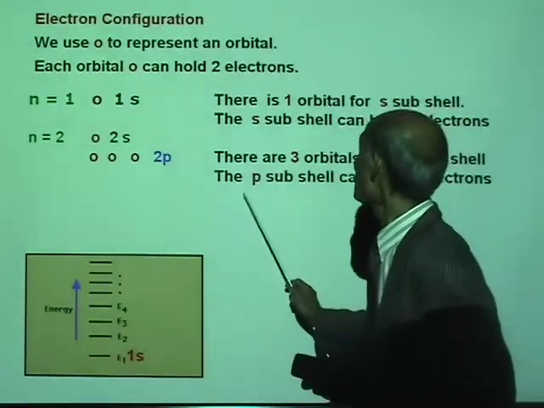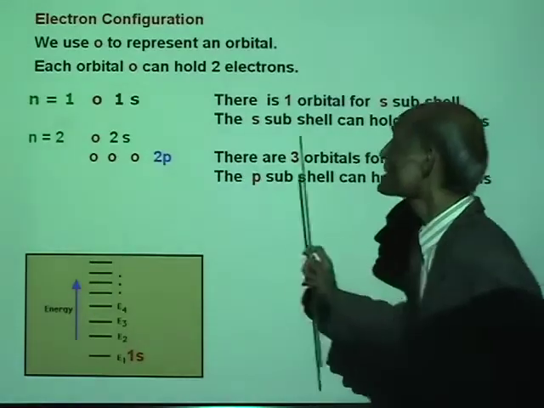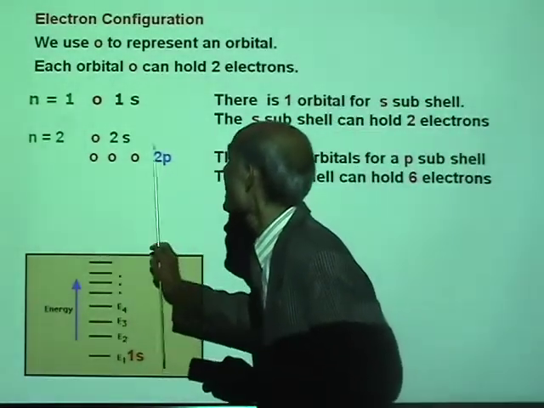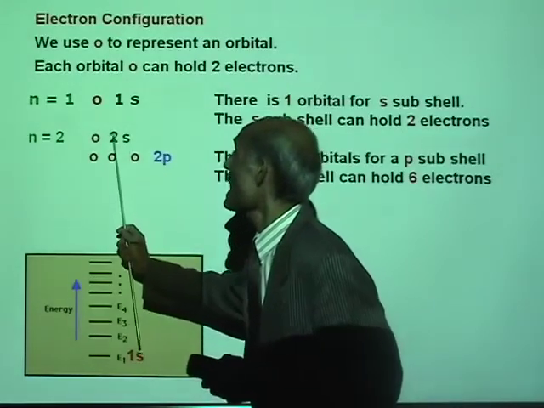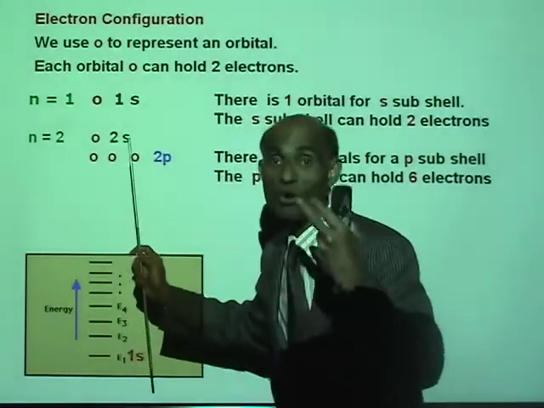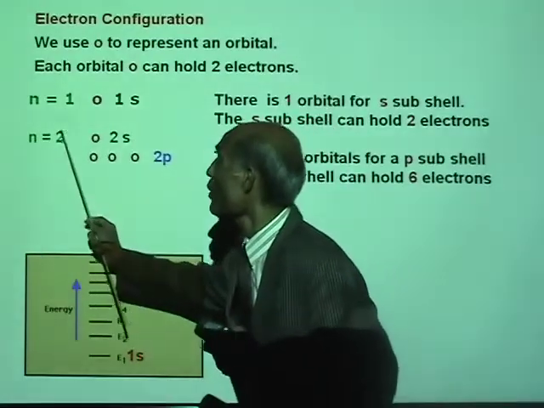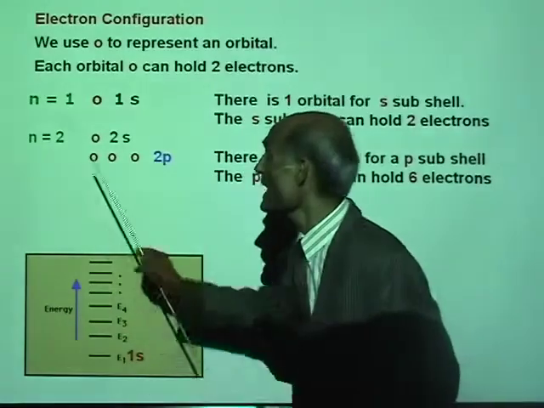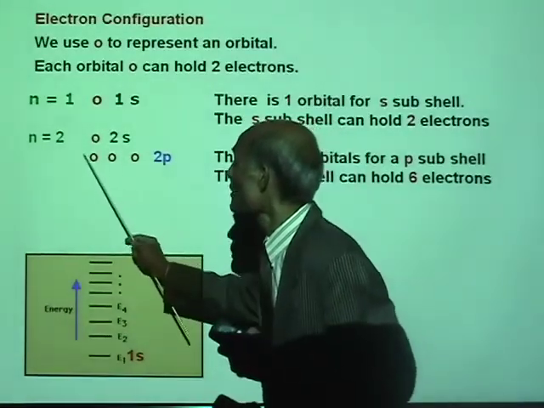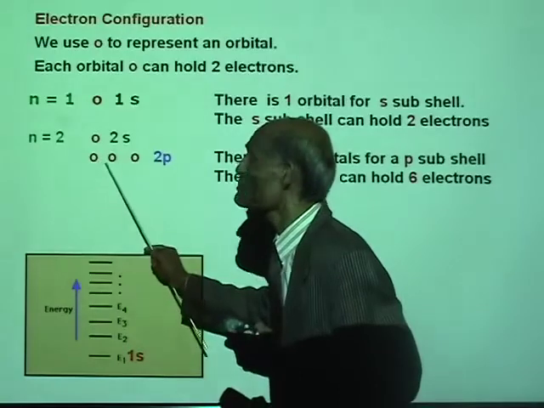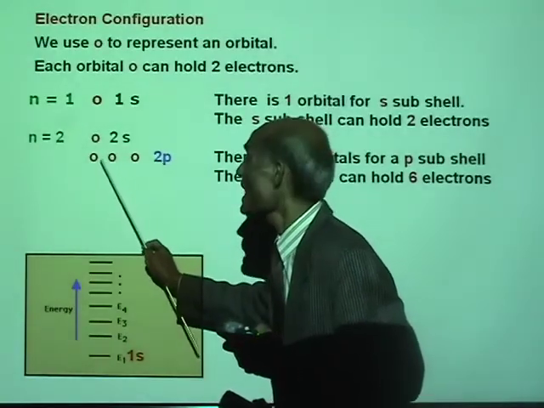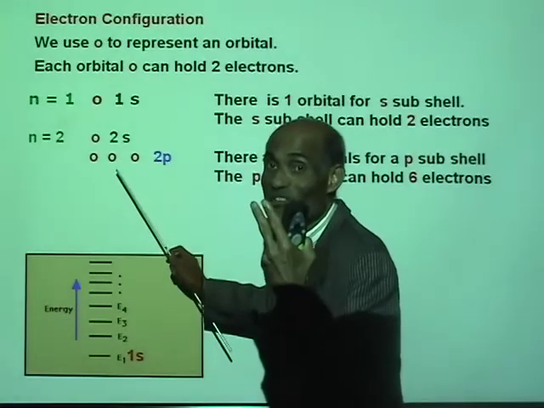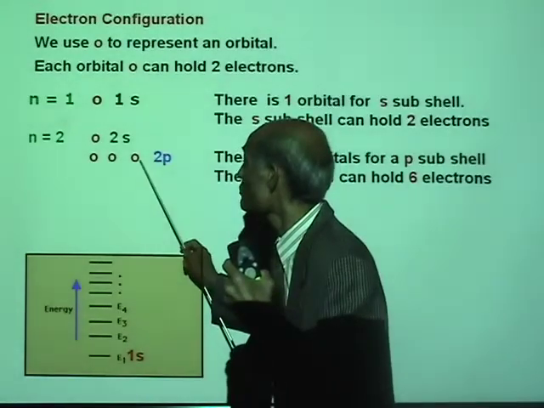That means the P subshell can hold 6 electrons, and the S subshell can hold 2 electrons. Therefore, how many electrons are possible in the energy level n equal to 2? There are 6 electrons in the P subshell, because the P subshell has 3 orbitals, each orbital having 2 electrons. That is 3 times 2, 6.